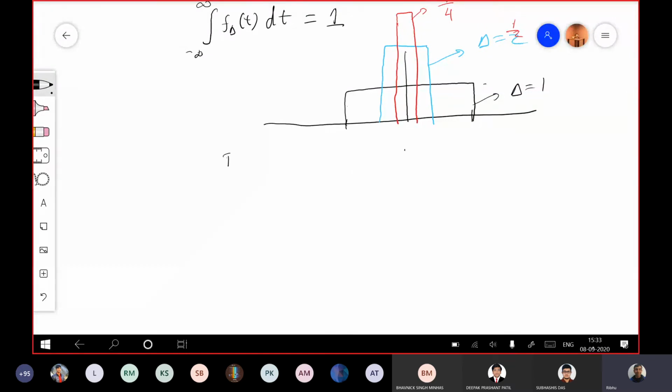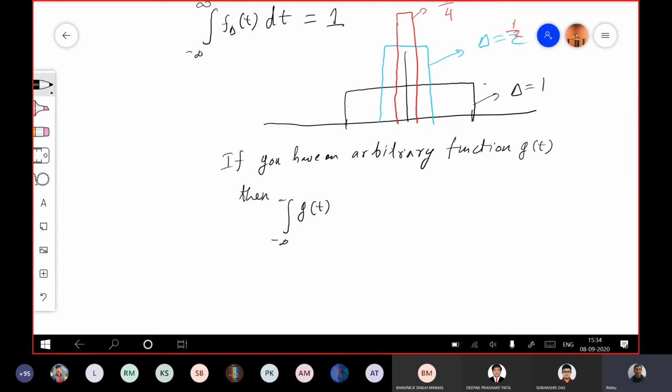That is, if you have an arbitrary function g of t, then the integral of g of t delta of t dt equals g of 0.